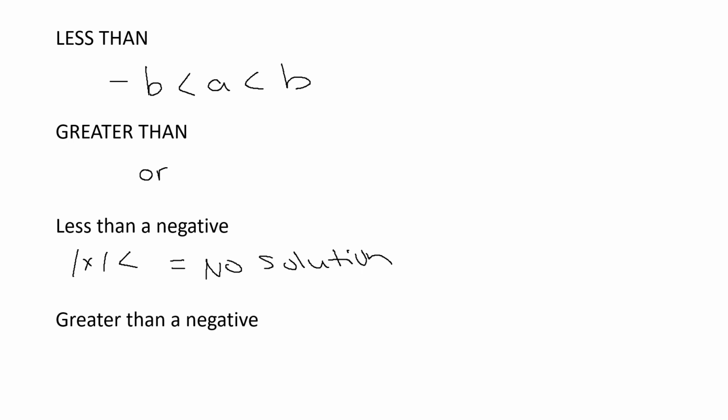If it is greater than, though, you have an absolute value of x that is greater than something negative, then anything that is bigger than 0 is going to give me an answer. And I know that doesn't really make a lot of sense, but your answer is going to be all real numbers.